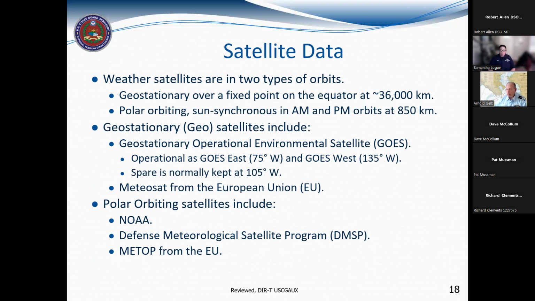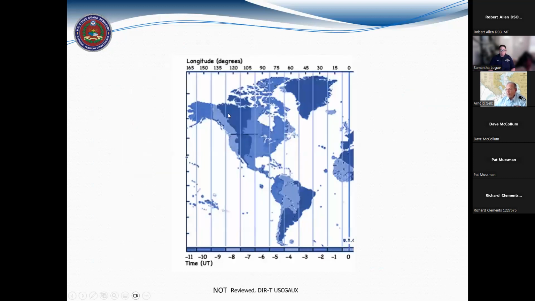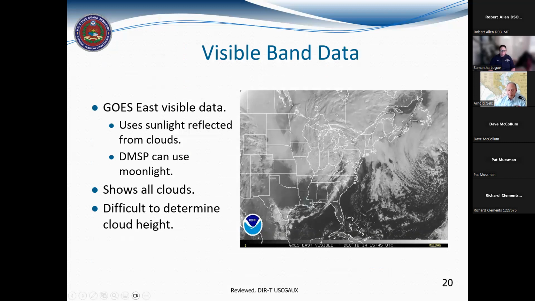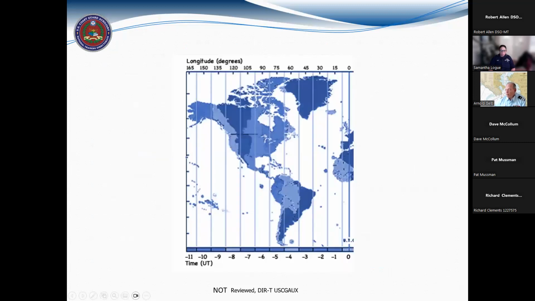I just wanted to skip ahead for one moment. Here, this is an additional slide, but I wanted to show you that the 75 degrees comes down through Canada and part of the Northeast, and the 135 is coming down through Canada between the continental US and Alaska.